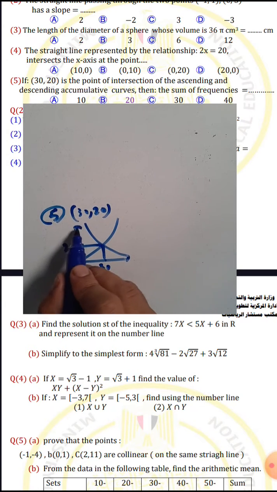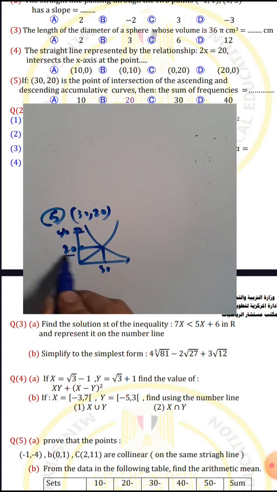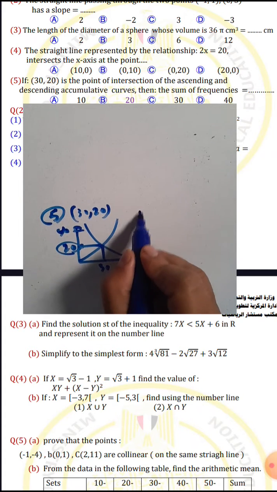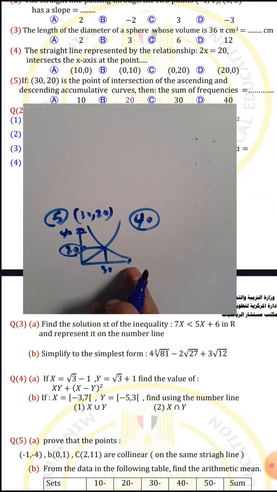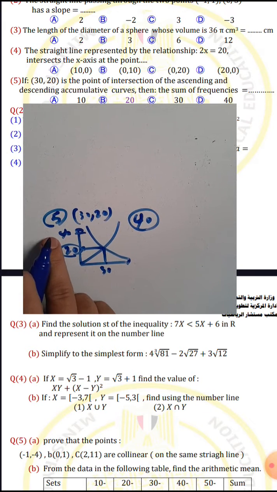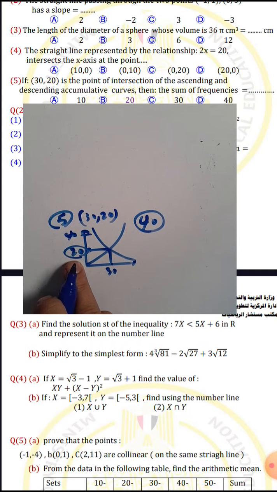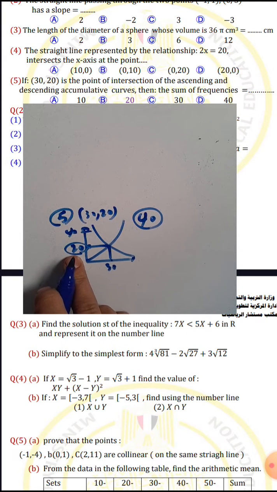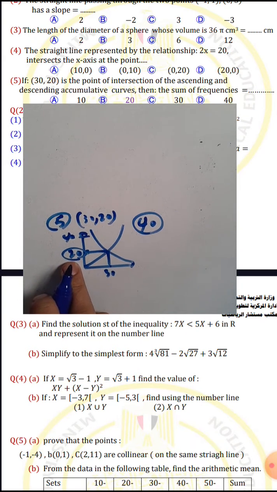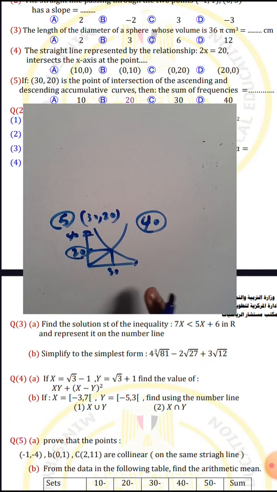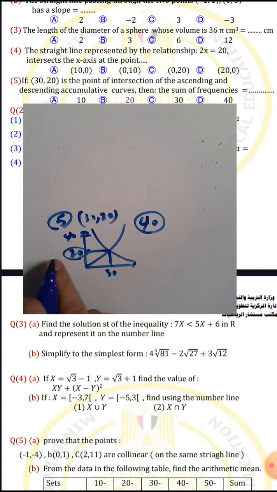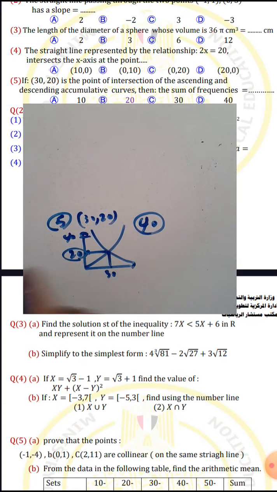Then the sum of the frequencies will be 20 times 2, which is 40. 20 here refers to the order of the median, and the median will be 30. To find the sum of frequencies, it will be 2 times 20, which is 40. The result will be 40. Choose letter D.